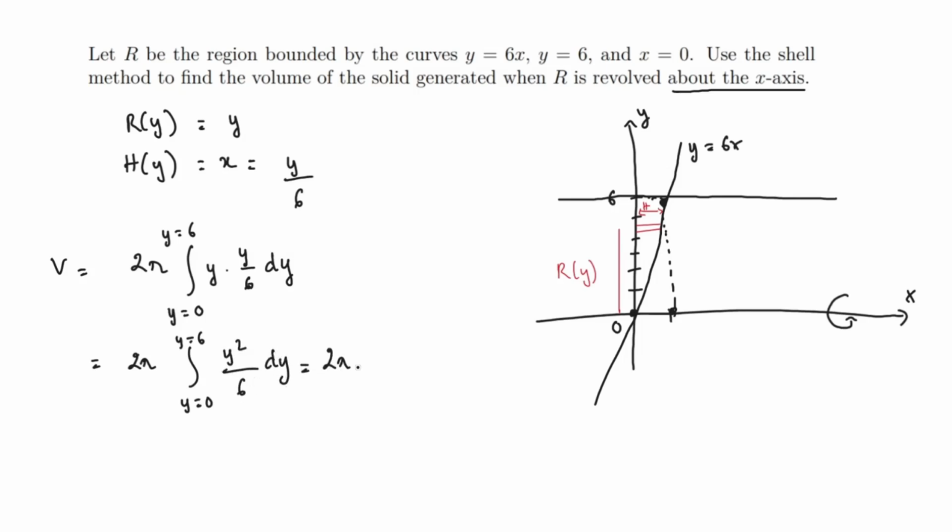So it's equal to 2 pi, y cubed over 3 multiplied by 6, which is 18, from 0 to 6. So it's 2 pi times 6 cubed over 18, which gives 24 pi. So the volume is 24 pi.